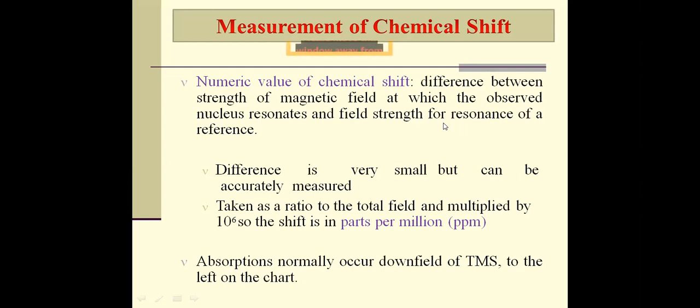Basically the chemical shift is measured in ppm, parts per million, and absorption normally occurs downfield of the TMS. So NMR absorption will always be away from the TMS, deshielded. Okay.